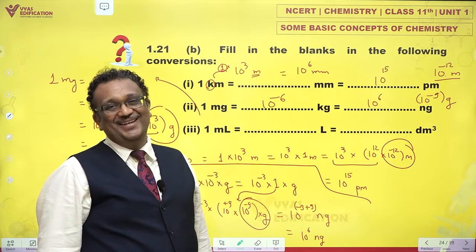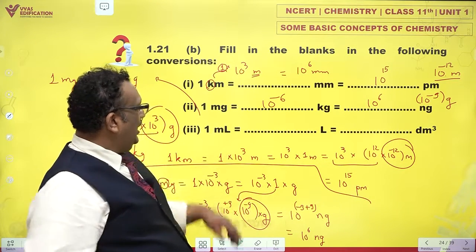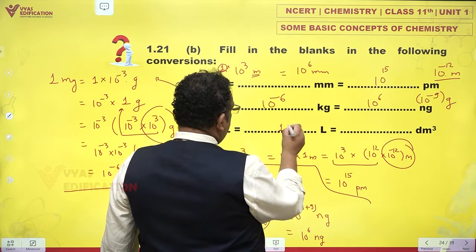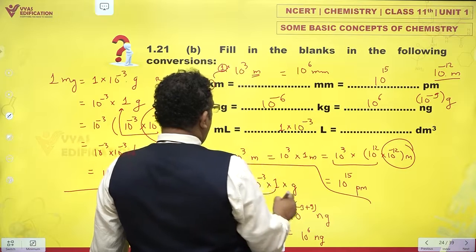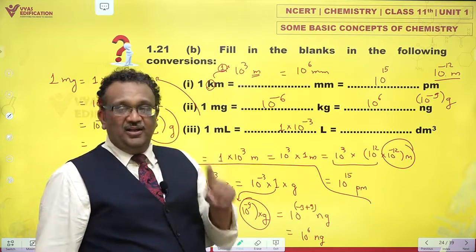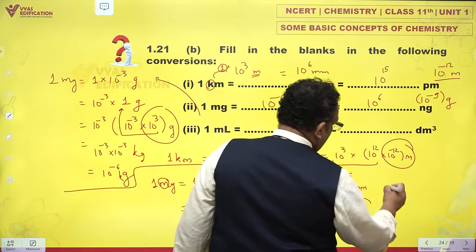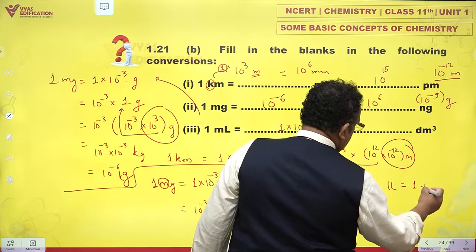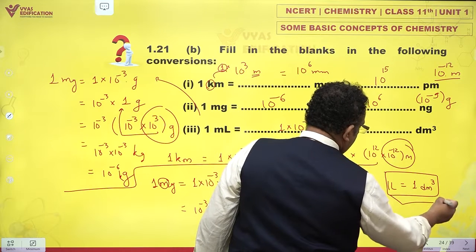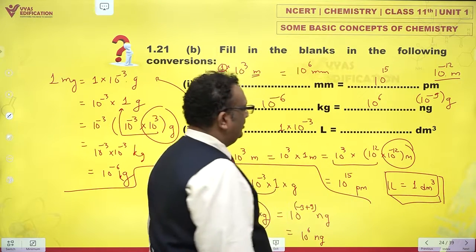As simple as that. 1 ml, milli stands for multiplied by 10 raised to minus 3 liters. Fine. And 1 liter, by definition, my dear remember, is 1 decimeter cube. That is the definition of liter. 1 liter is 1 decimeter cube.